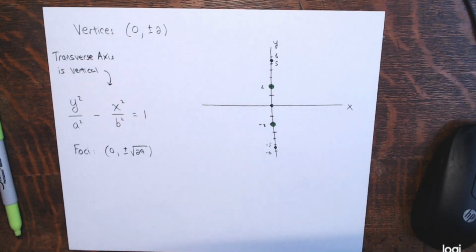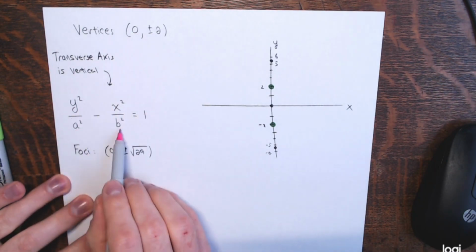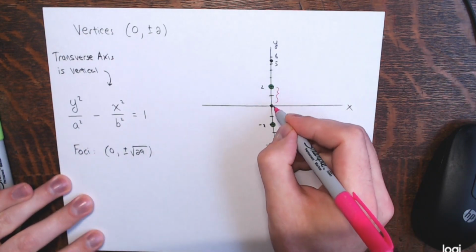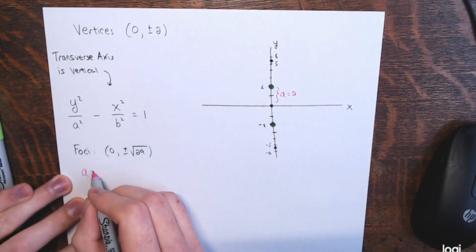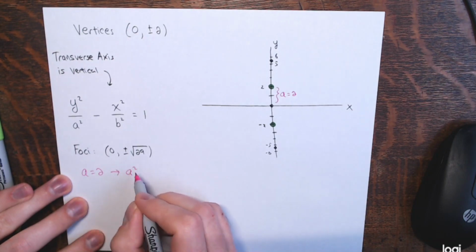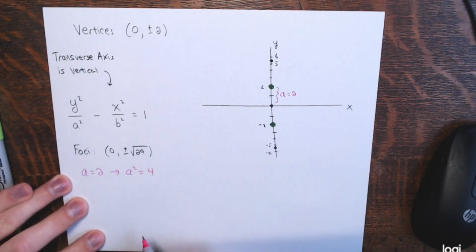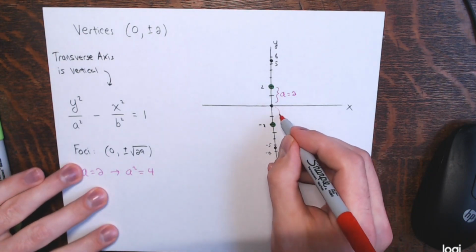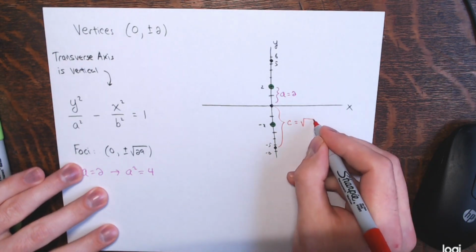But we do know a couple things. All we need to do to finish this equation is find a and b. Now we know a. Remember, the distance from the center to a vertex was a. That's 2. So a equals 2, meaning that a squared, the denominator under the y squared, is going to be 4. We also know c. Remember, the distance from the center to a focus is c, and that's the square root of 29.